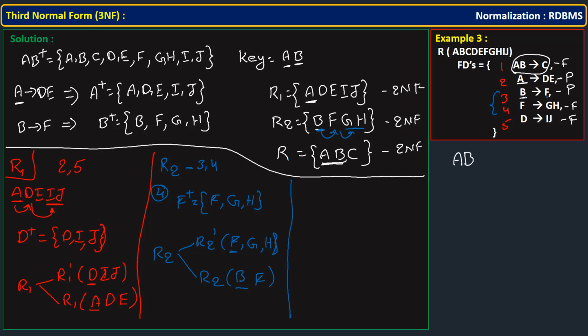What about this one? AB derives C and C is not deriving anything else. So R is already in the third normal form. So overall, the final tables are what?